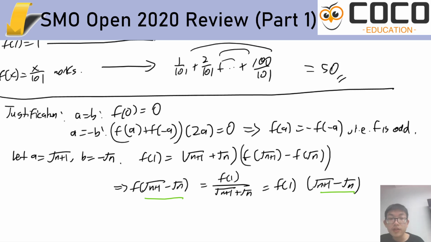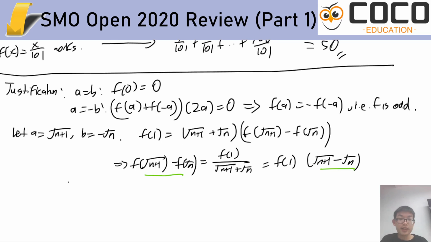Oops, sorry, I'm not actually writing this right. Okay, let me put my brackets in the correct place. I apologize. This f of root n plus 1 minus f of root n looks like this.